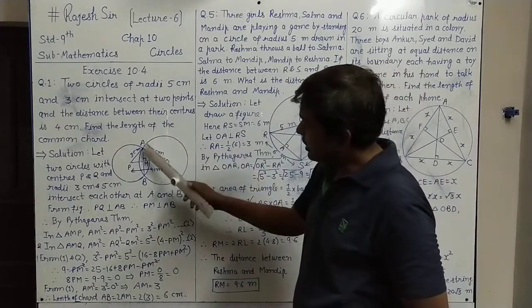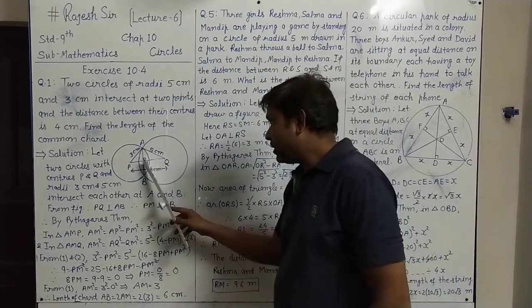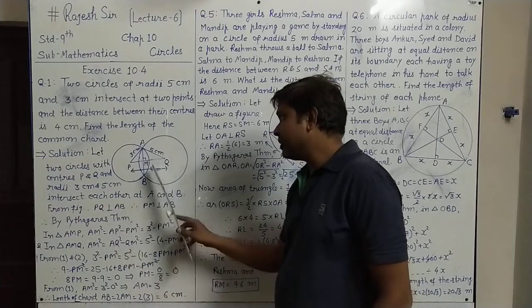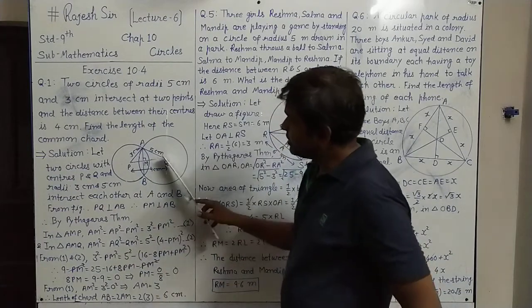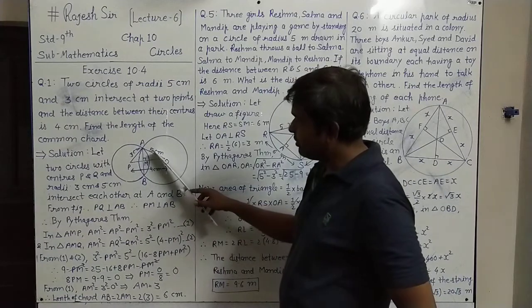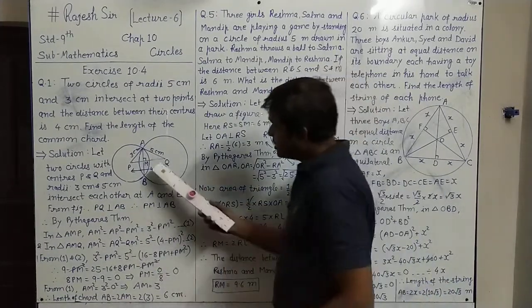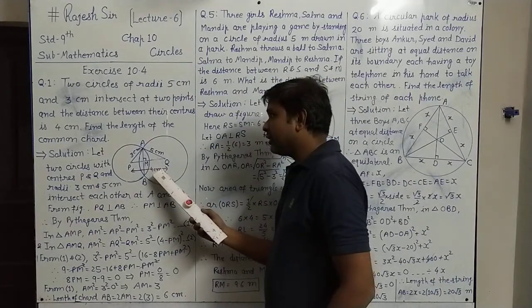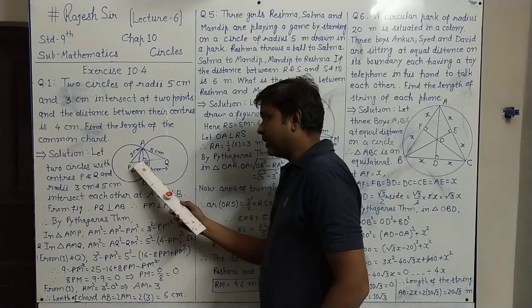Similarly, triangle AMQ you take, in that, similarly AM square, any one side square, equals the hypotenuse AQ square minus the other side square QM square, equals AQ is the radius of this circle which is 5, so 5 square minus QM square. This QM length is indirectly that whole PQ is 4 and this PM part.